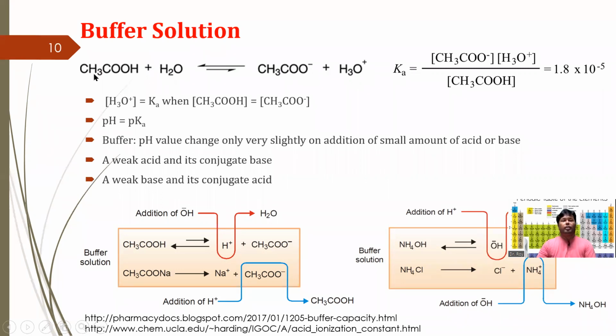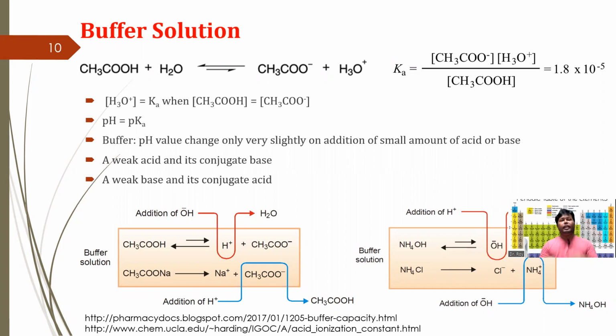And here we can see the weak acid and its conjugate base. When we have a solution of a weak acid and its conjugate base, if we add a small amount of acid, as H plus, or a small amount of base as OH minus, then the value of pH changes very little or negligibly.